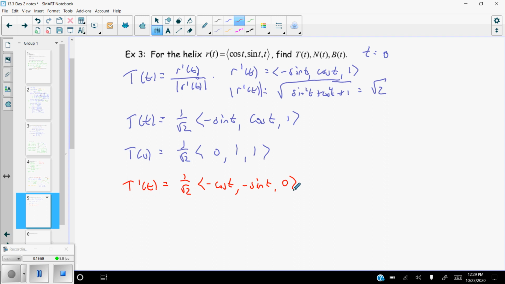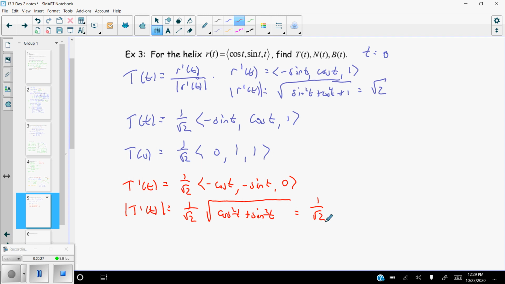And then we're going to need the magnitude of T prime of t. 1 over root 2 stays there. Again, the magnitude of a constant is the constant, times the square root of cosine squared t plus sine squared t. When you square those, they become positive, plus 0. What's underneath the square root is 1, so we just get 1 over root 2.